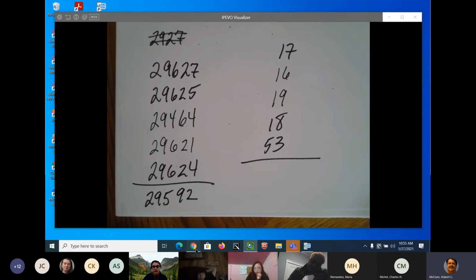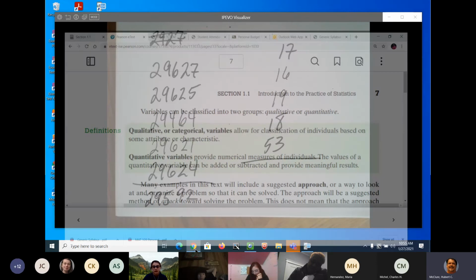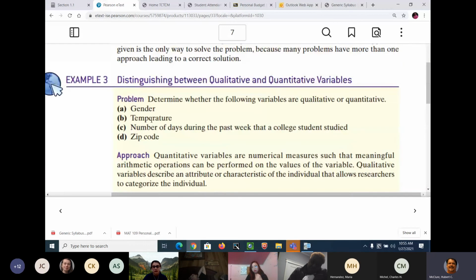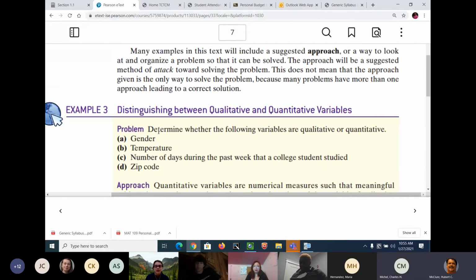I want to get to discrete and continuous. There's 5 examples right there for you to put in your notebook. Gender, qualitative or quantitative? Somebody give me the average of female. Qualitative. There you go. Somebody give me the average temperature.